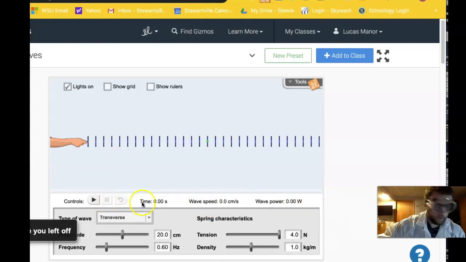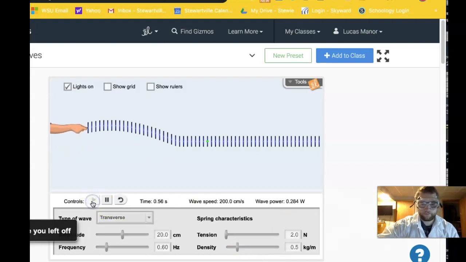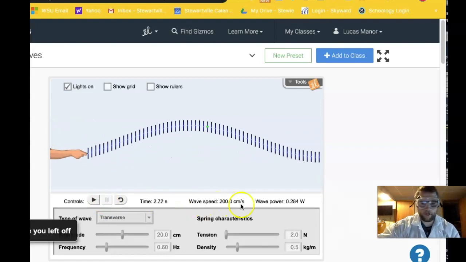Okay, let's get our tension back to 2. Now we are changing the density to 0.5. We're going to hit play. And for our seventh one down on our table, our wave power is going to be 0.284 watts.